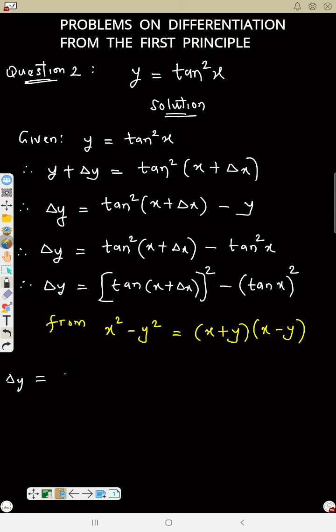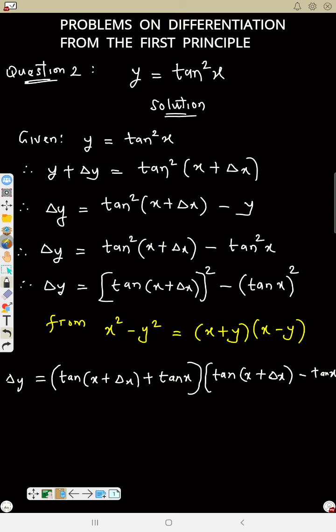be equals to tan x plus dx plus tan x, then another bracket, tan x plus dx minus tan x.